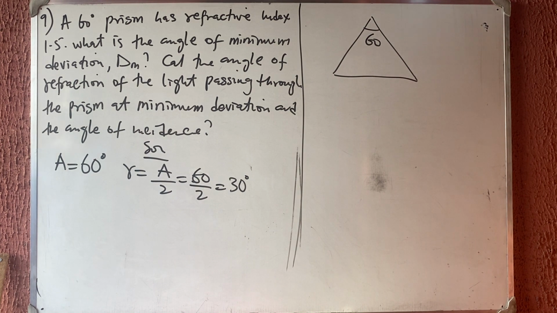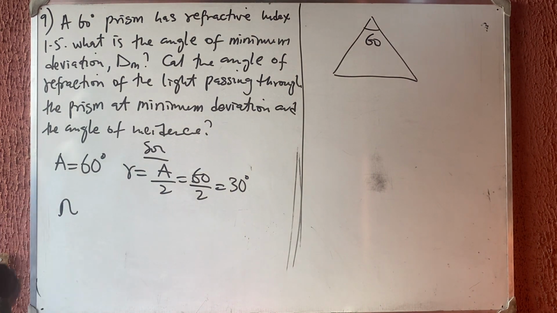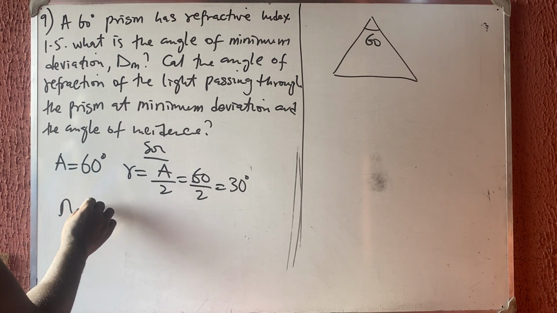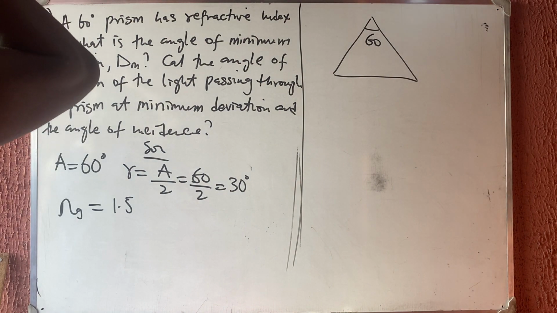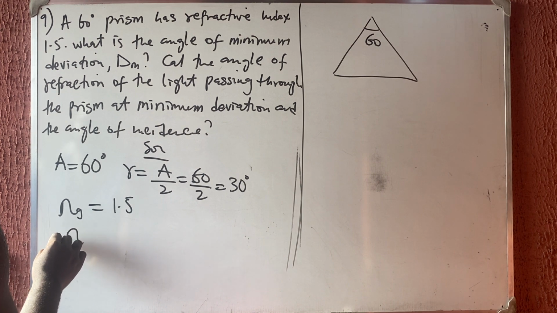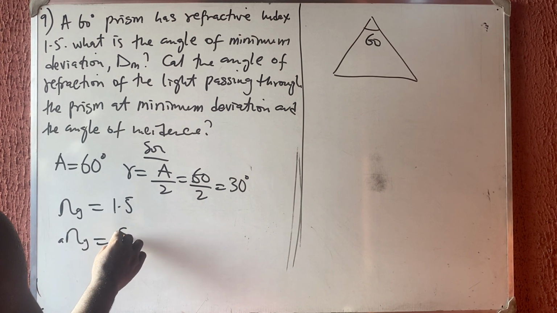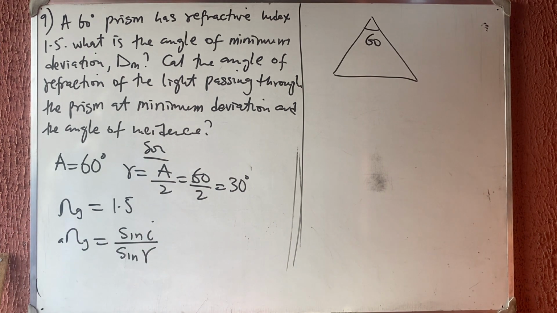We should know that the refractive index of a glass prism is always 1.5. If they did not give it to you, just know that it is 1.5. If there is no way to calculate it, you use 1.5. So if you are using 1.5, I will know that my refractive index is equal to sine of the incident over sine of the refracted ray.